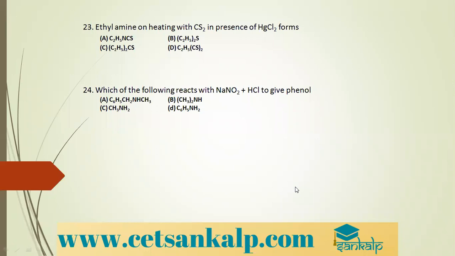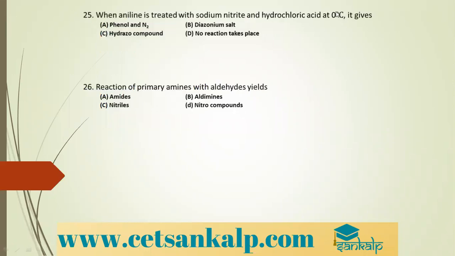Okay. Next question. When aniline is treated with sodium nitrite and hydrochloric acid at 0 degrees Celsius. Just now we have seen aniline. What is aniline? A primary aromatic amine, treated with sodium nitrite and HCl at 0 to 5 degrees Celsius.